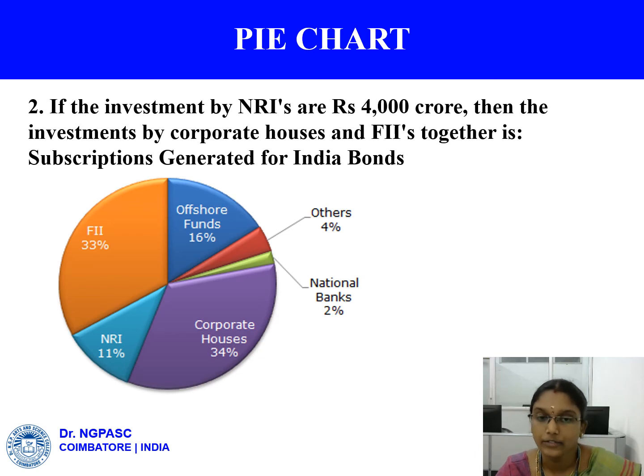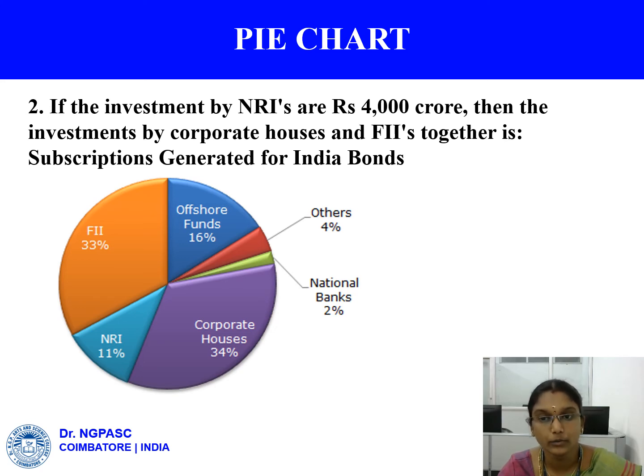Next, if the investment by NRI is rupees 4,000 crore, then the investment by corporate houses and FII together is? Corporate houses is 34 percentage, FII is 33 percentage, so the total is 67 percentage.